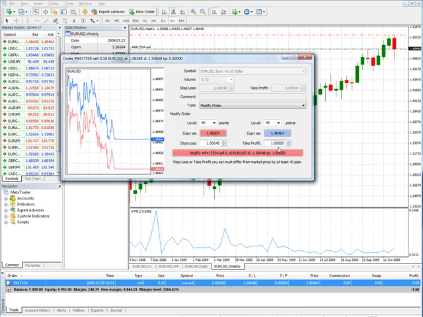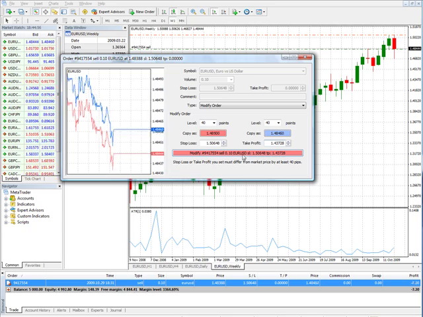So if we go below, we're going to base this on our entry point, 43728. Okay. So we're going to modify that, take profit, and click modify.